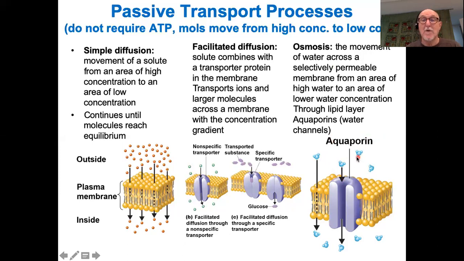And there are many of them. It's one of the reasons why water passes across the membrane so easily. It can get across without the aquaporins, but it's impeded. It's a slow process because it has to make its way through this lipid, which is hydrophobic. Instead, with the aquaporins, water can move across very easily.